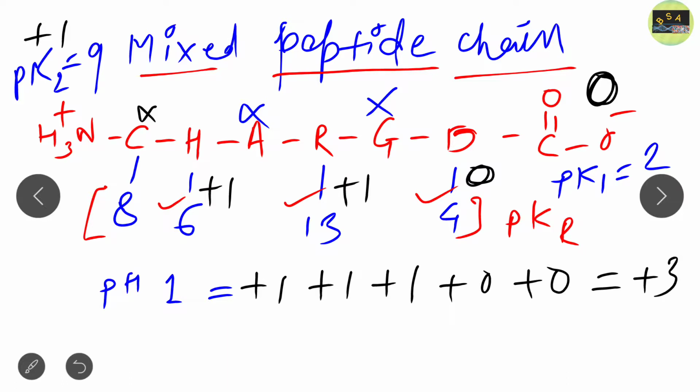You just have to remember that if it is less than 2 or more than 9, then this will become neutral. If more than 9, then this will become neutral. If less than 2, then this will become neutral.